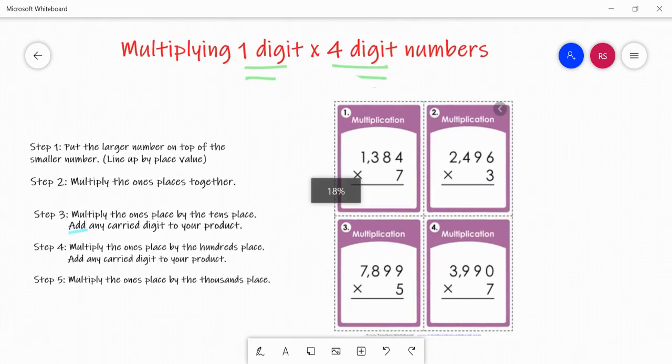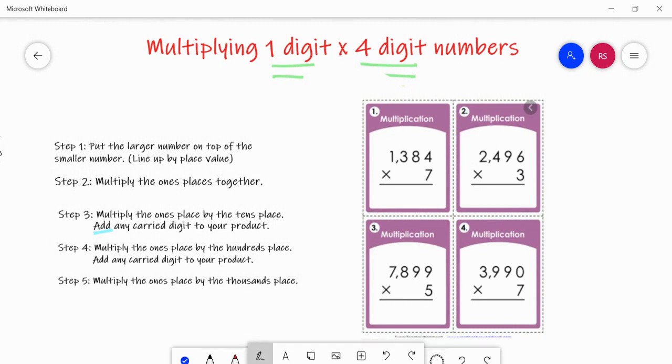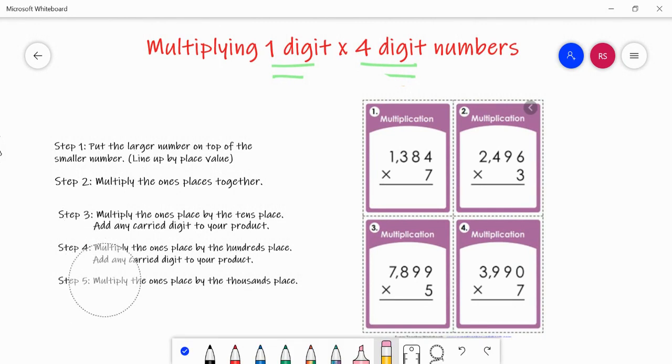Okay, so we have all of our steps to the left-hand side. So these 4 problems that I have right here on these 4 task cards, I encourage you to go ahead and pause, work through these 4 problems, and then we will go over the products once you're finished. So go ahead and pause the video, work through these 4 problems, and when you're ready, come back to me and I will go over the answers.